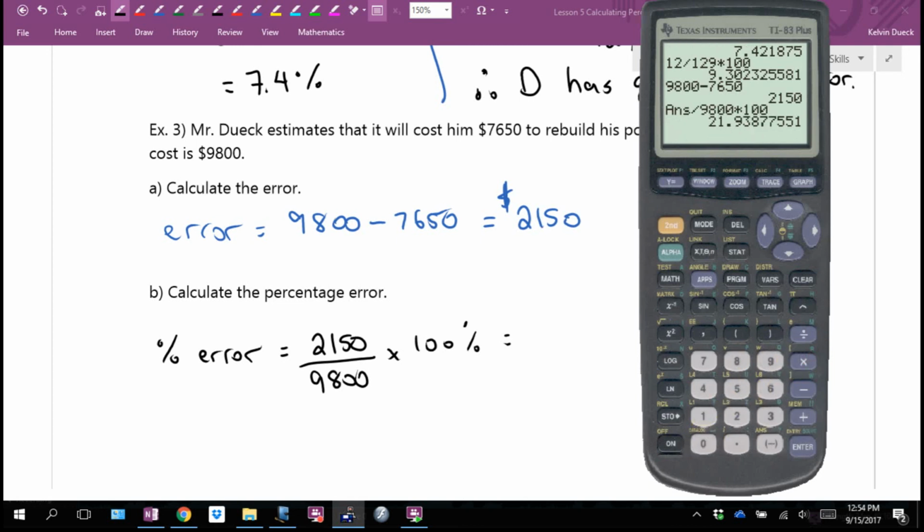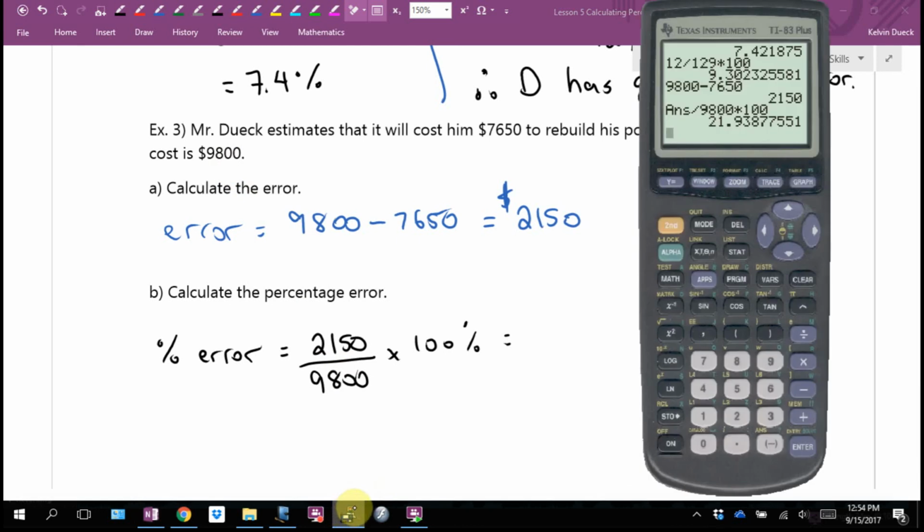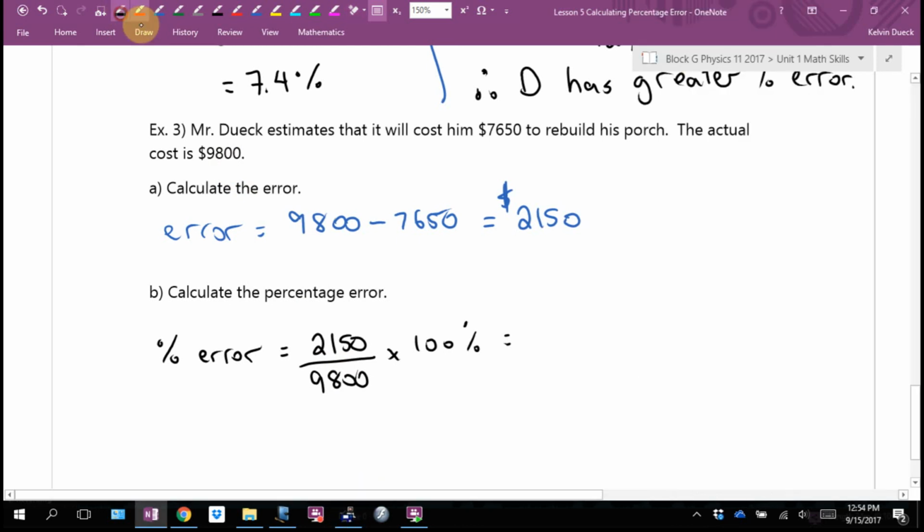And I get 21, you know what, to 2 sig figs, I think I'll go 22%. Not terribly good. Not hideous, but not great.